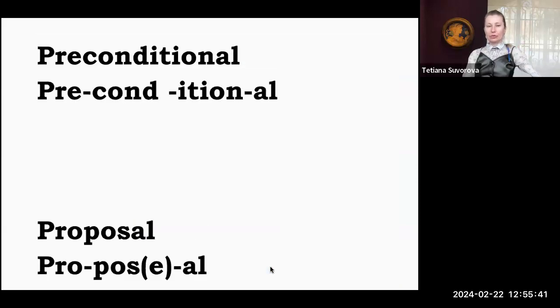Well, let's move to the next and have a look at an example. For example, we have the word preconditional, and from the morphological analysis, we should cut this word into elements. And then we can make the conclusion that we have one prefix here, one root, and two suffixes.